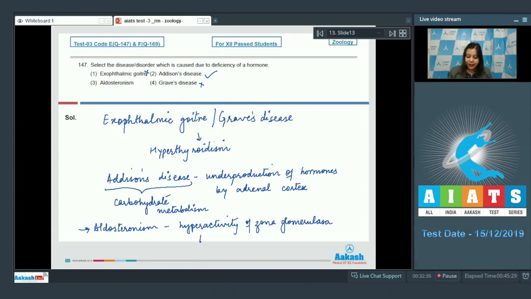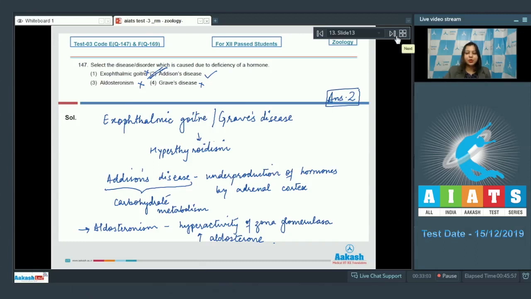That is, there is increase in the amount of aldosterone. Therefore, this also is an incorrect option, as this disease also occurs due to excess aldosterone. So the correct answer of deficiency disease is option number 2, which is Addison's disease. So the correct answer becomes option number 2.